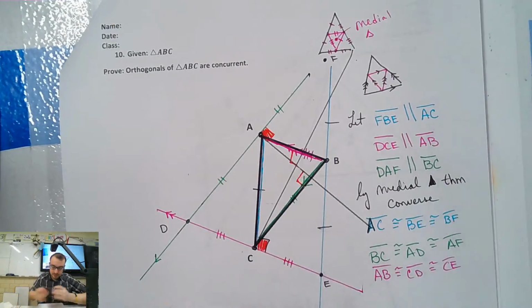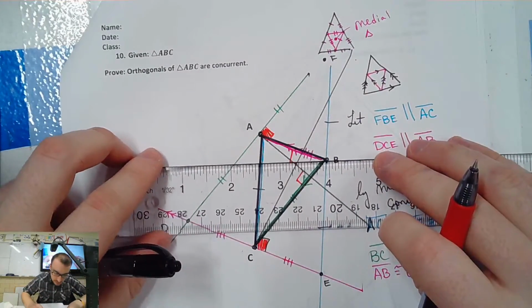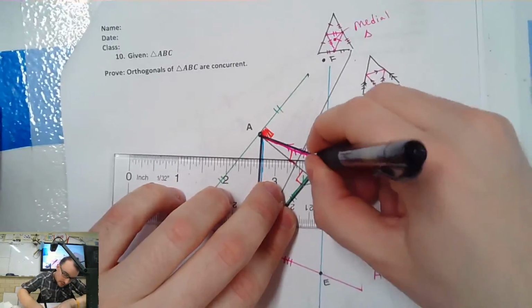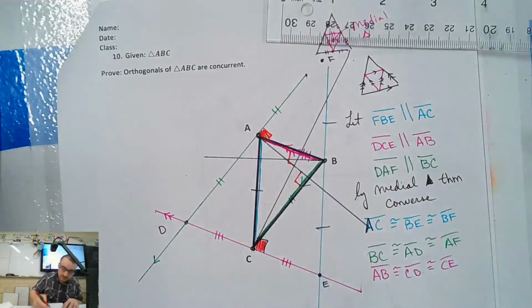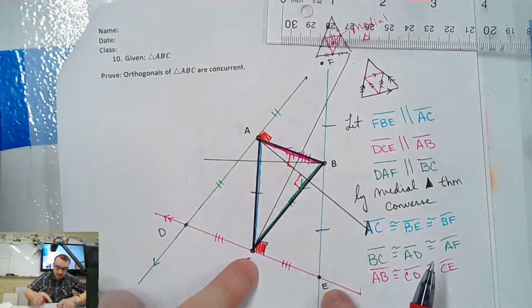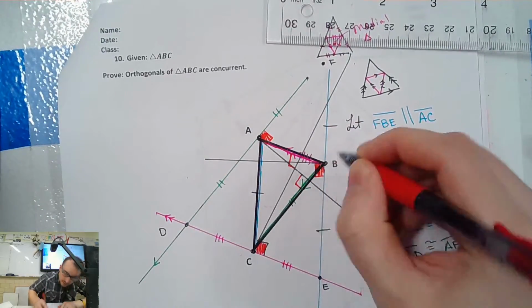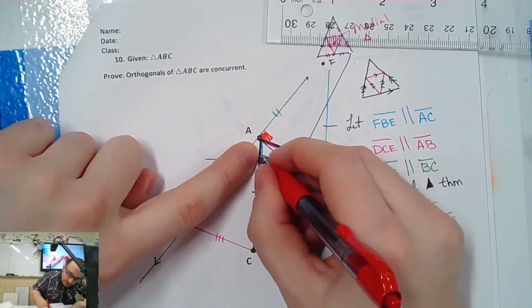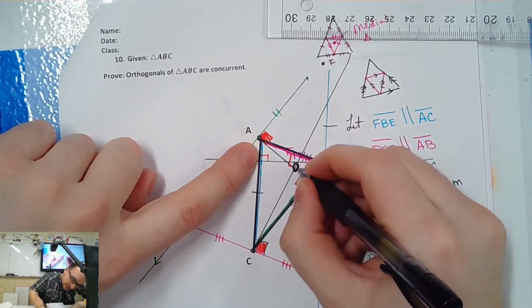And then, we can match these up. And again, if I did this perfectly, they would all intersect at a point. So these two are parallel. So that means if this is 90, then this is 90 by alternate interior, right?